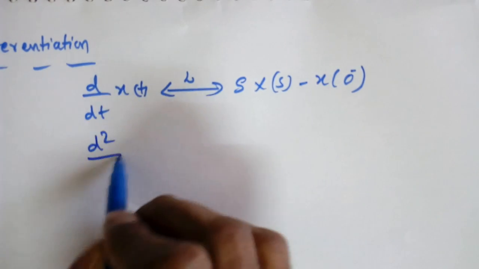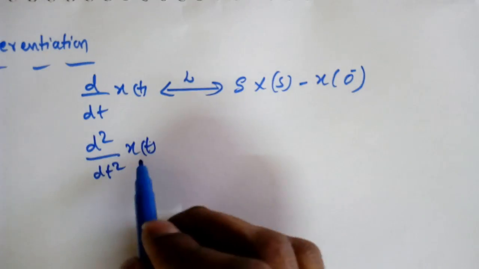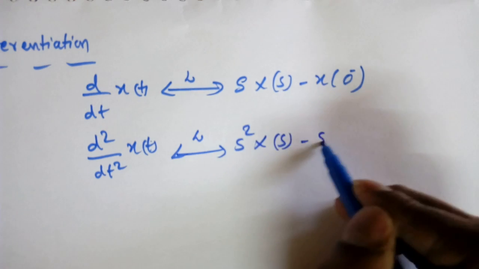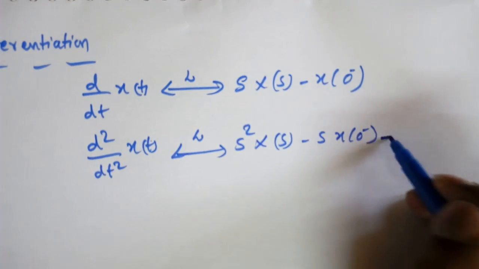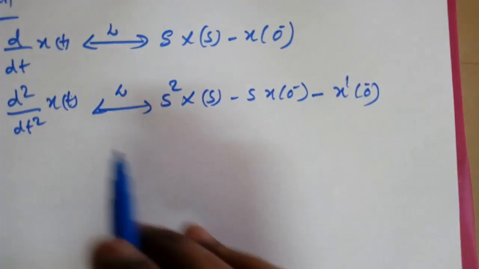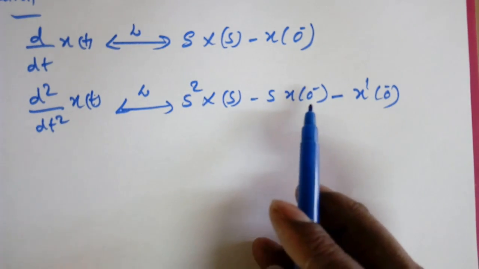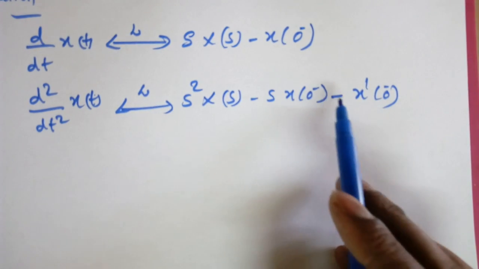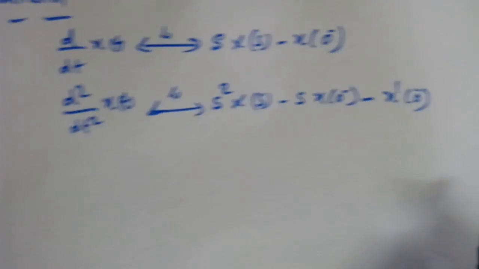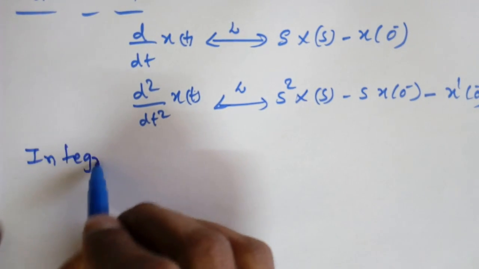Similarly, for the square, d square x of t by dt square, the Laplace transform is s square into x of s minus s into x of 0 minus x dash of 0. For the cube, we get s cube into x of s minus s square into x of 0 minus s into x dash of 0 minus x double dash of 0, etc. So this is the differentiation property. Similarly, what is the integration property?